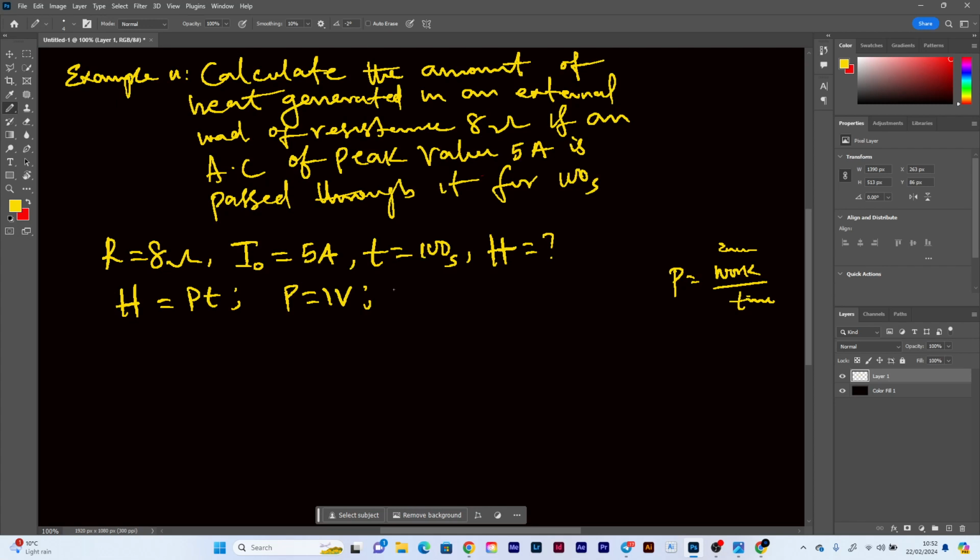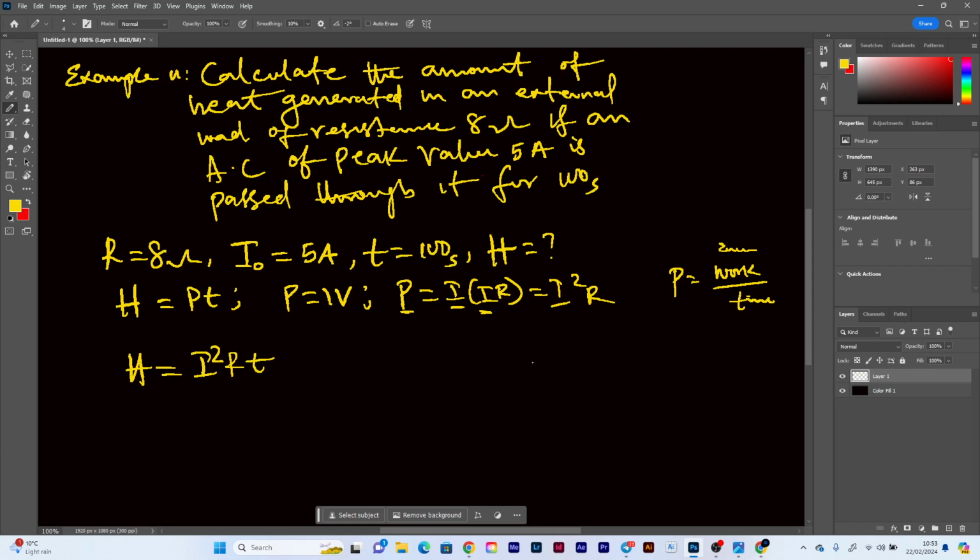So you can still break it down: voltage is current times resistance. So replace it. You therefore have I square times R. Have you seen that now? I times I, that is I square. So if power is equal to I square R, then I can rewrite this equation as H is equal to I square R T. Do you get that now?